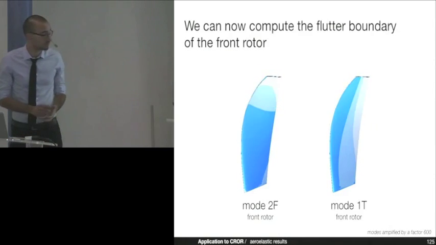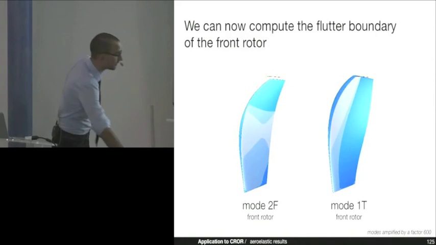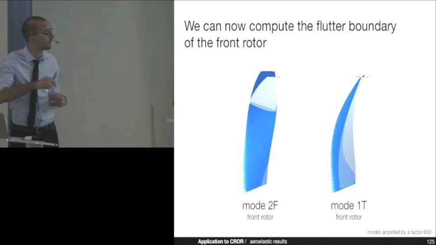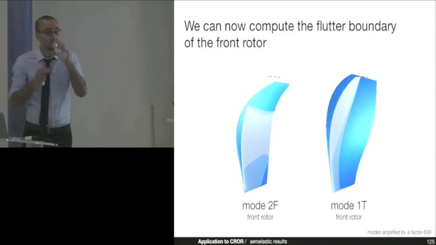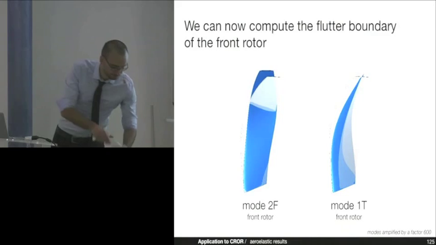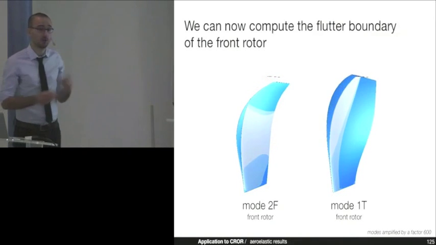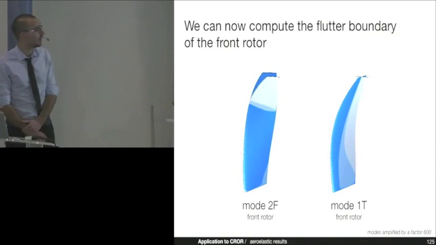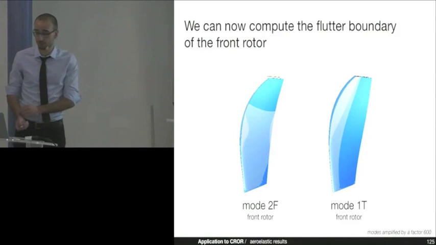So we will use 2 modes, which is the second flexion mode and the first torsion mode, as shown here. So we will launch now a multi-frequential harmonic balance simulation using those two modes.